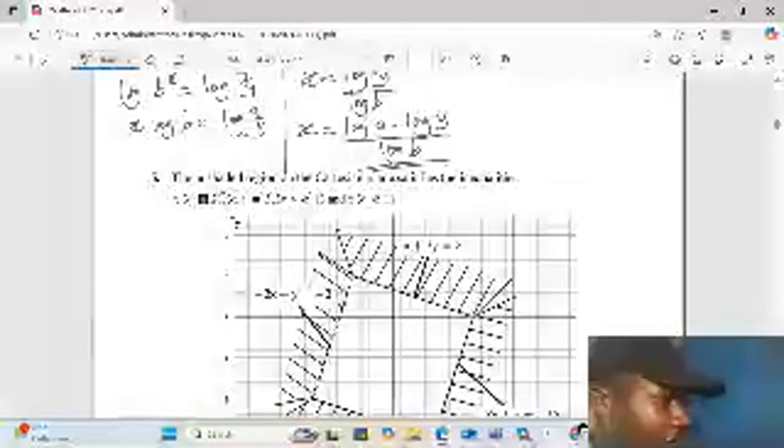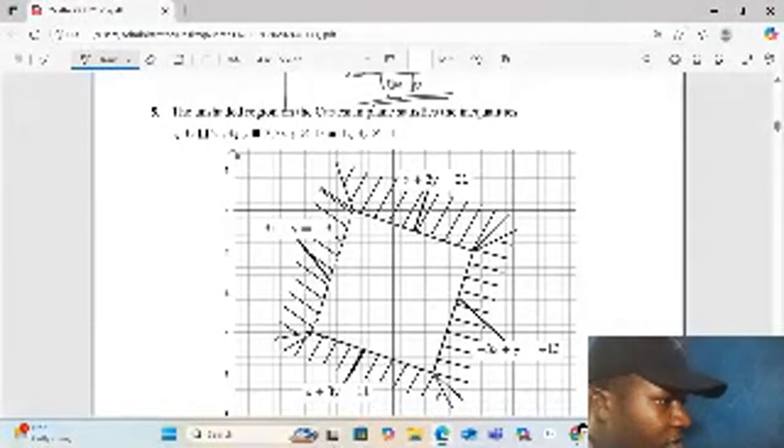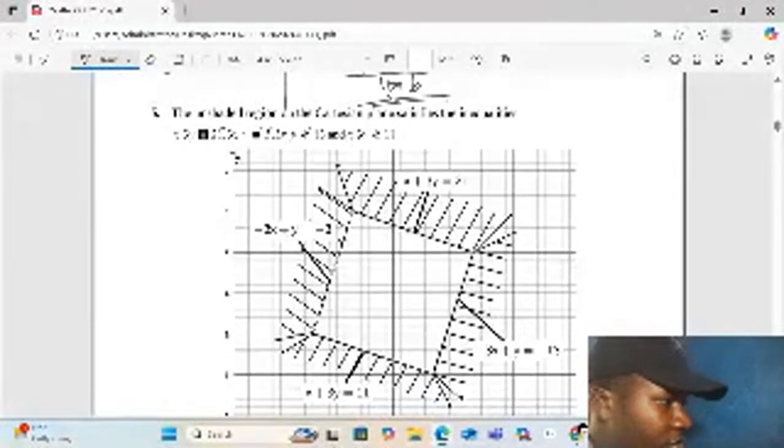We move to number 5. Question number 5. The unshaded region of the Cartesian plane satisfies the equation. The equation is not showing well.